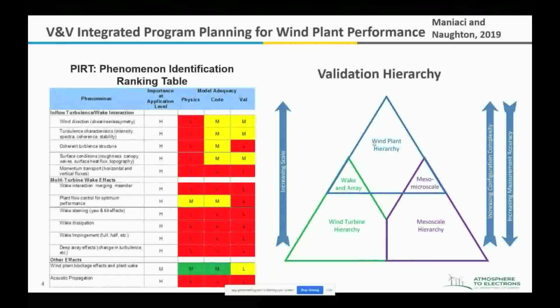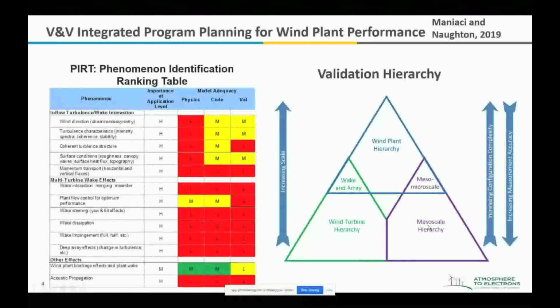So in that we outline going through a phenomenon identification ranking table process where you identify different phenomena that are important for the wind plant models they're trying to validate, assess those models, and then map them to different experiments in the validation hierarchy. And we map this out to wind plant physics, wind turbine physics, and mesoscale physics, and how those overlap.